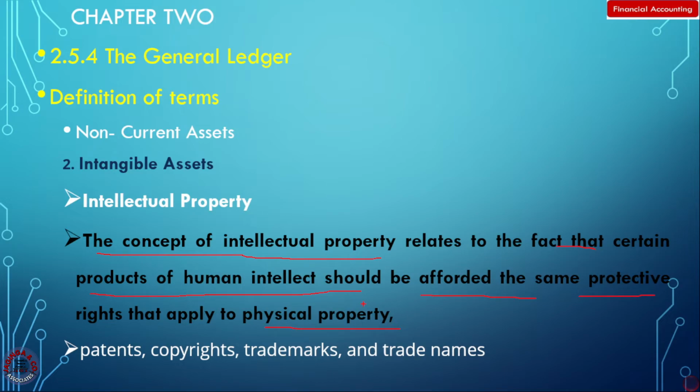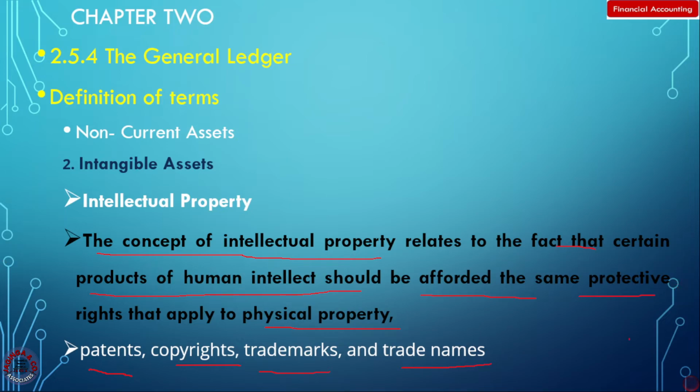So the same protective rights that apply to physical property or tangible assets should also be applied to intellectual property. So by intellectual property, we mean patents, we mean copyrights, we mean trademarks, and we also mean trade names.